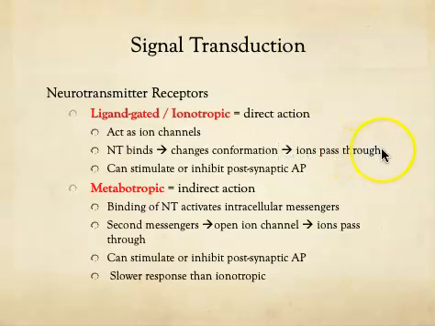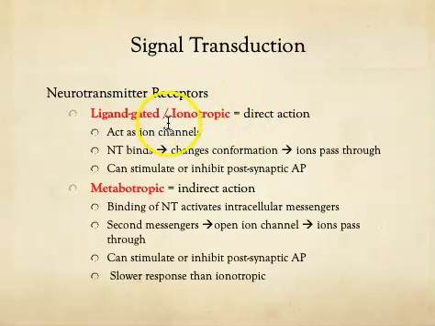Ions can pass through, either into or out of the postsynaptic cell. So an ionotropic receptor, a direct acting neurotransmitter receptor, can either stimulate or inhibit postsynaptic action potentials. It depends on what kind of ion channels it acts as.